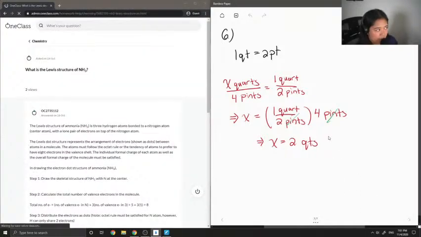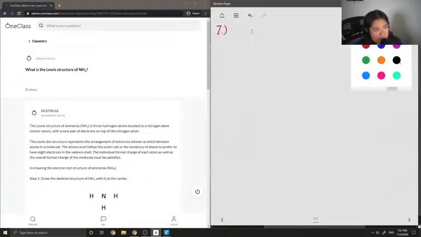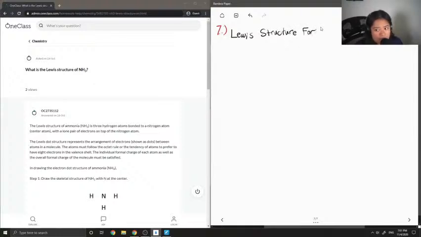Okay, so now let's move on to question number 7. What is the Lewis structure of NH3? Okay, so this is a multi-step question.